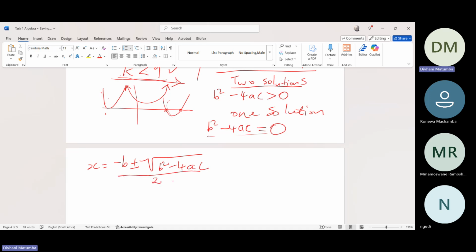If this expression is 0, you will be left with minus b plus or minus 0 divided by 2a, which is going to be just minus b over 2a. Because even if you add 0 or subtract 0, you will get the same thing. It means you will get two solutions that are equal, minus b over 2a or minus b over 2a.